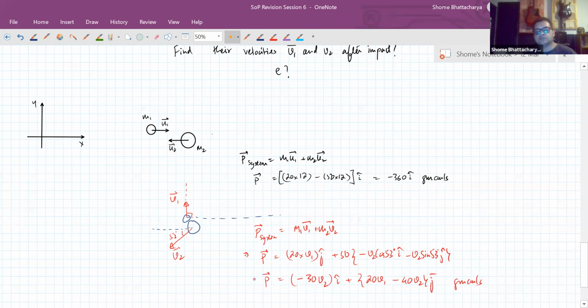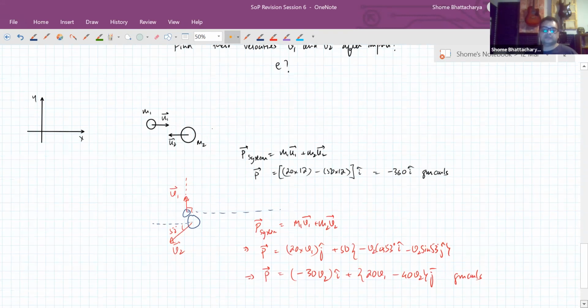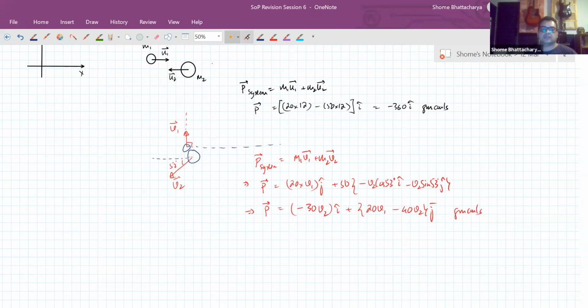So this becomes the momentum of the system just after impact. Conservation of linear momentum tells us that this initial linear momentum should be equal to this final linear momentum for the system.